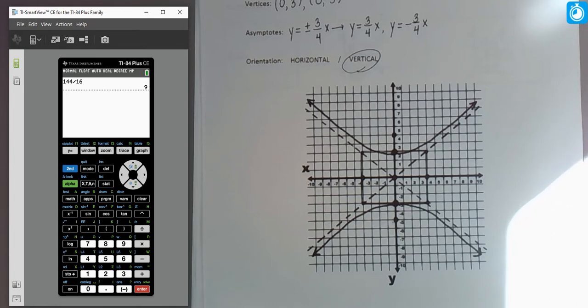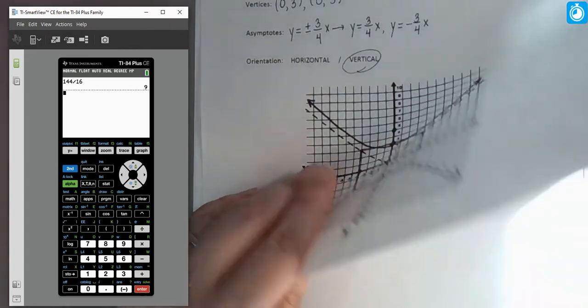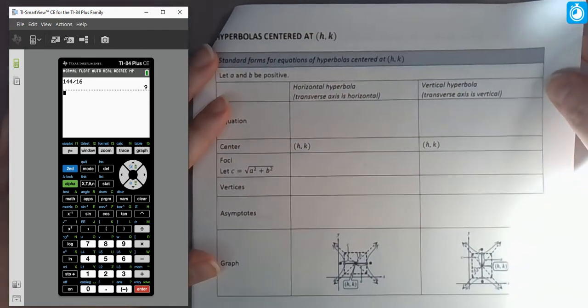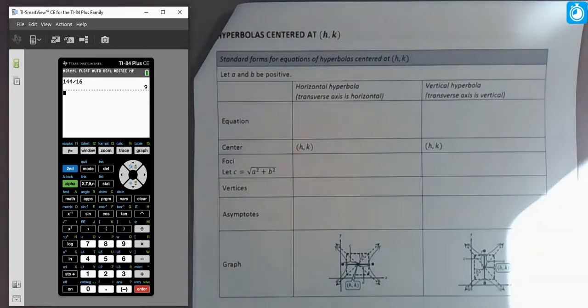Now, what happens when the center of our graph shifts? What happens when it's no longer centered at the origin? Well, essentially what we saw with ellipses is going to be consistent for hyperbolas in terms of how we make adjustments, just based on how things are related to the center of the graph. Just like with ellipses, the formulas are going to get a little bit more complicated.